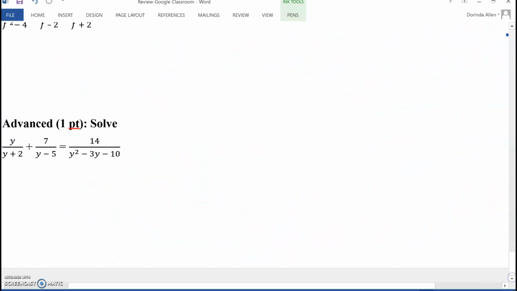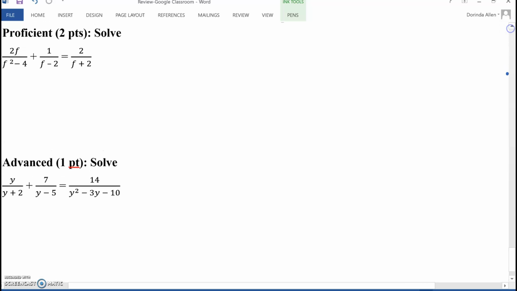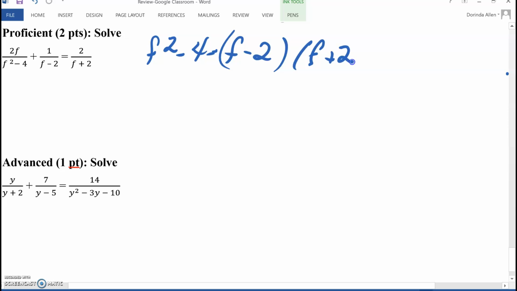So here, if I factor my bottom, I see that f squared minus 4 factors into f minus 2, f plus 2, and I'm not going to go over how to factor that because you should have that by now. So I need an f minus 2, f plus 2 for everything. So I'm going to multiply everything by f minus 2, f plus 2.